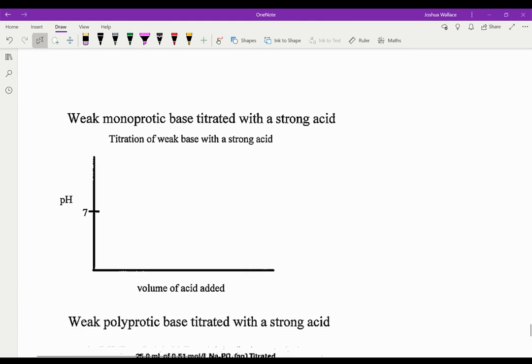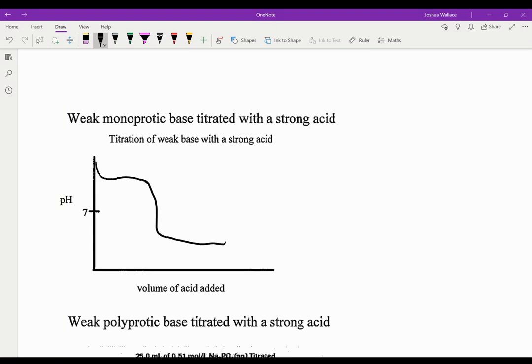Now we're going to work through one in which we have a weak monoprotic base titrated with a strong acid. So we're going to have a little jump in pH off the get-go, it flattens out, and then it'll drop.